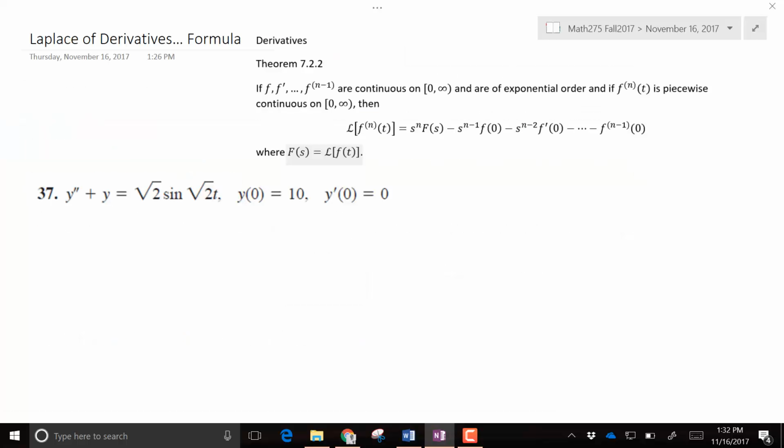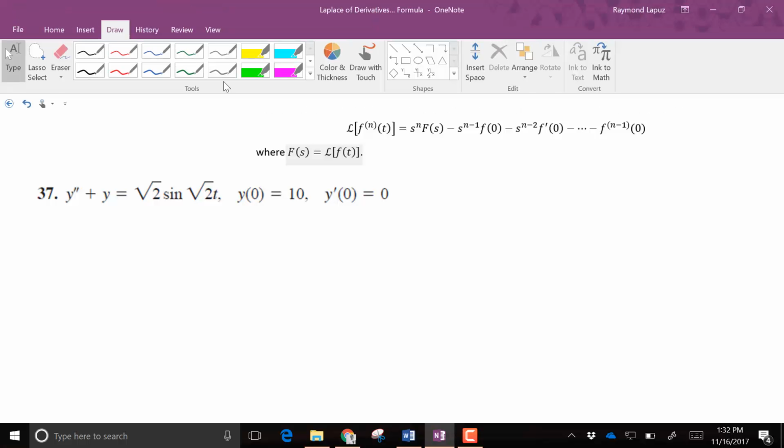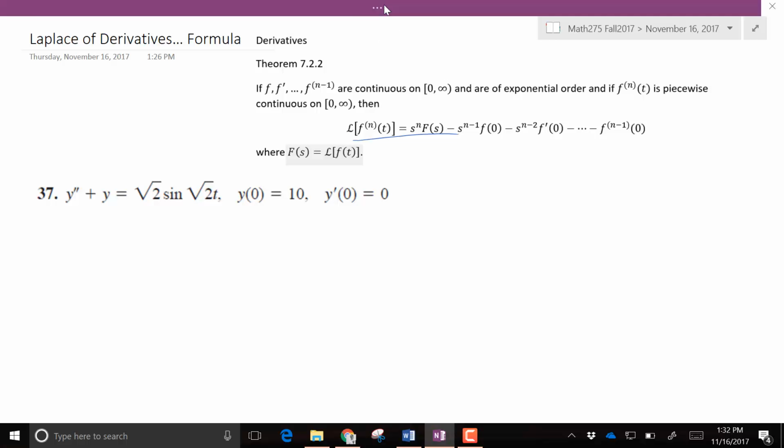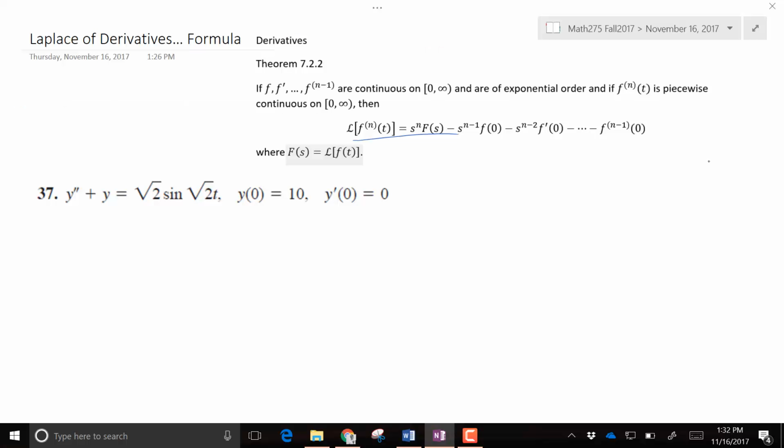All right. We're doing this and we're implementing our newly found formula, the Laplace transform of any order differential equation. So the highest order here is 2. Let's just write out the formula for the transform of y double prime. So n is equal to 2, so the largest s that we have here is s squared, and we'll change it to y of s.